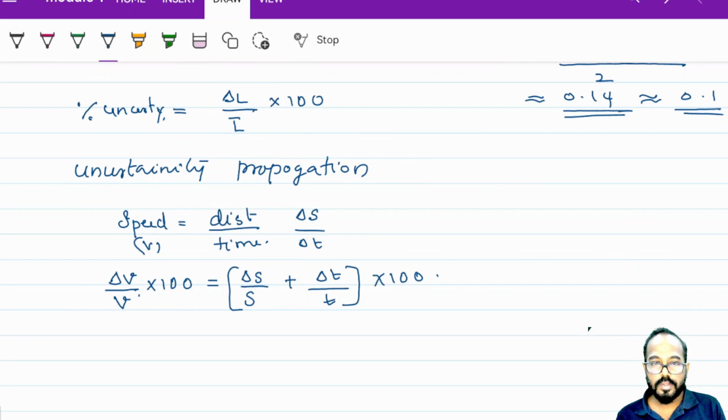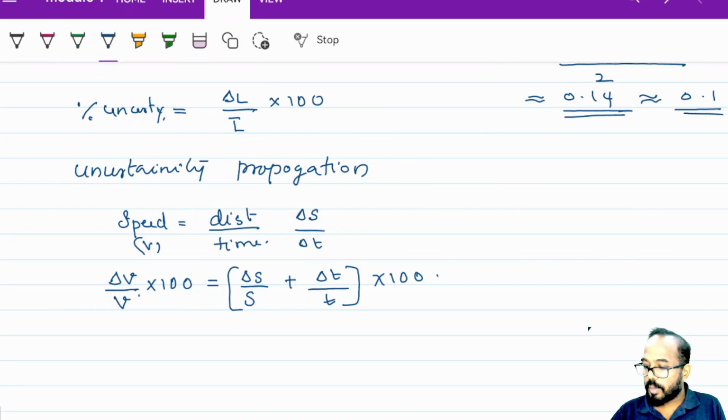Is it clear? So that means this error or uncertainty happened in the measurement of distance, and the uncertainty happened in the measurement of time. Both are propagating while you are using both measurements to calculate the velocity, right? Understood?